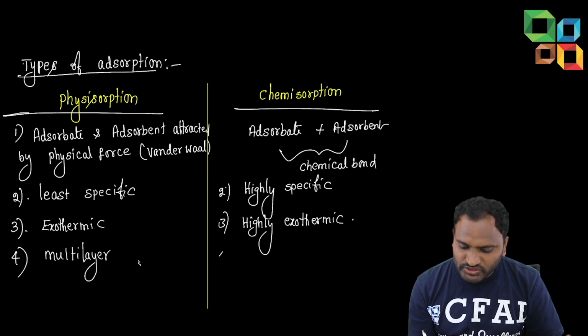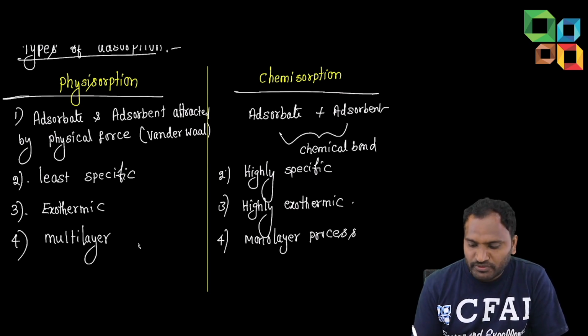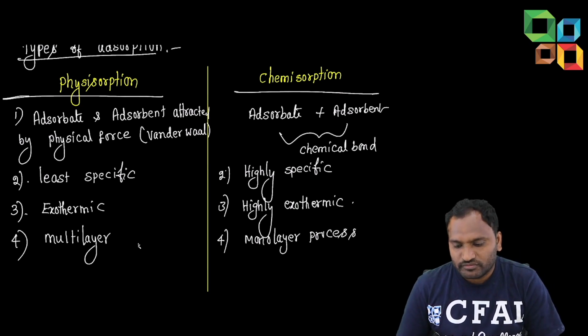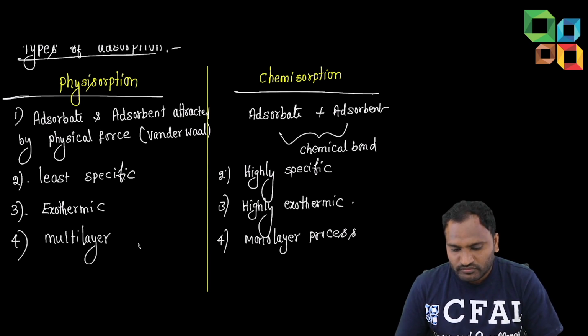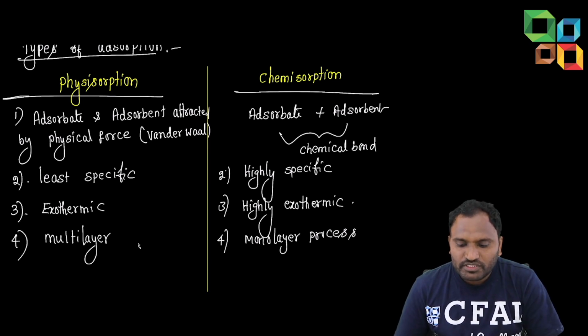Chemisorption is mono-layer. Next one: physisorption happens at low temperature, and chemisorption happens at high temperature. These are the basic differences between physical adsorption and chemical adsorption, physisorption and chemisorption.